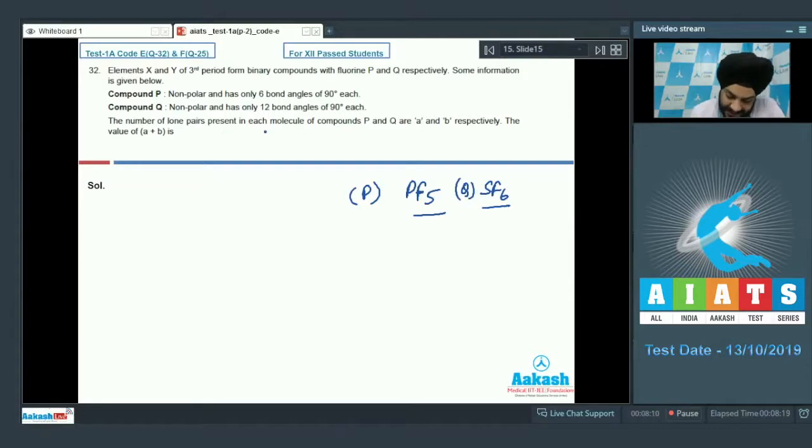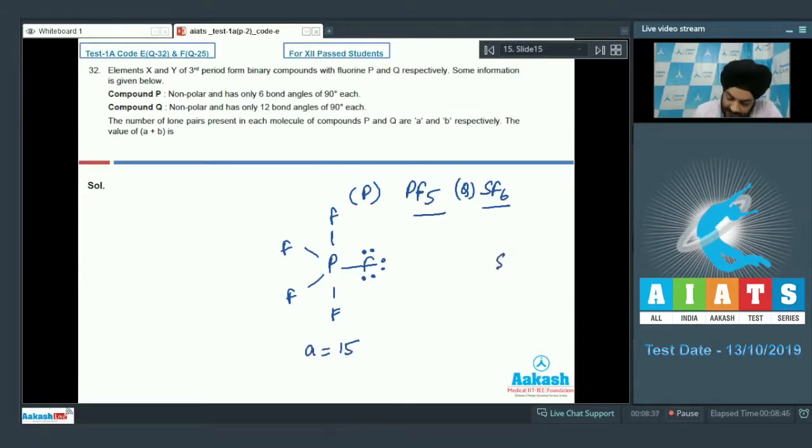The number of lone pairs present in each molecule of P and Q are A and B respectively. The value of A plus B is asked. So if we try and draw the structure of PF5, there is no lone pair on the phosphorus atom, while there will be 3 lone pairs on each fluorine. So the number of lone pairs in this molecule is going to be 15.